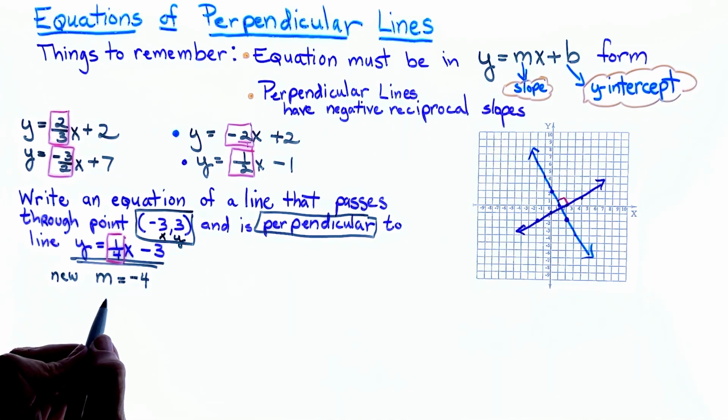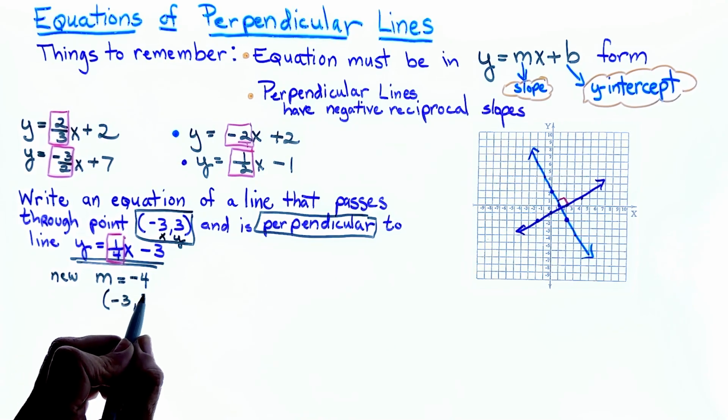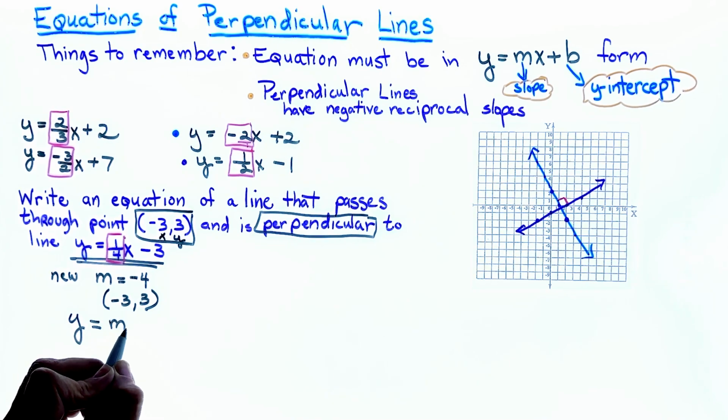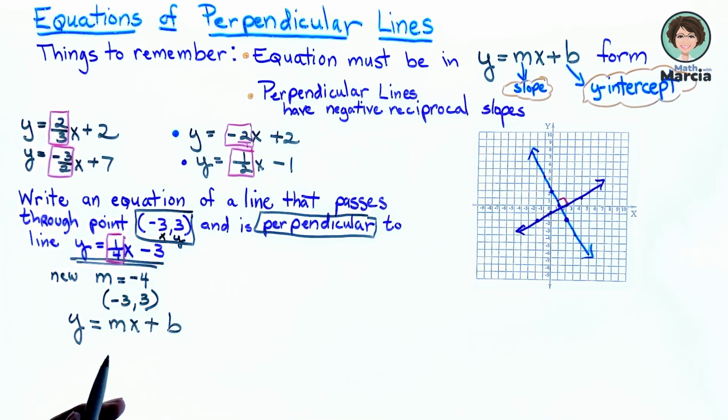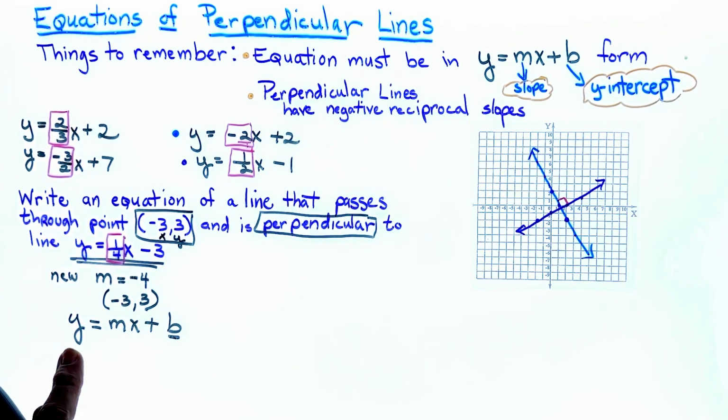I'm going to list my point right down here so I have everything in front of me in order to be able to find the equation of a line that is perpendicular to y equals 1/4 x minus 3. So I'm going to write y is equal to mx plus b. And in order to find b, we're going to use these three values and substitute them into the y equals mx plus b equation.